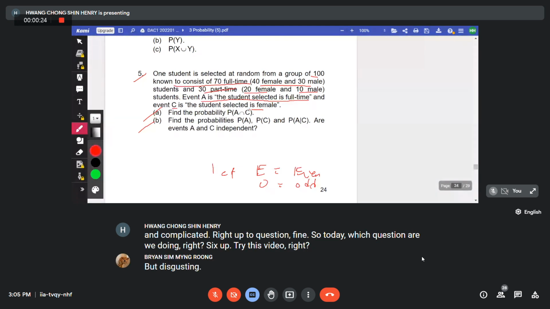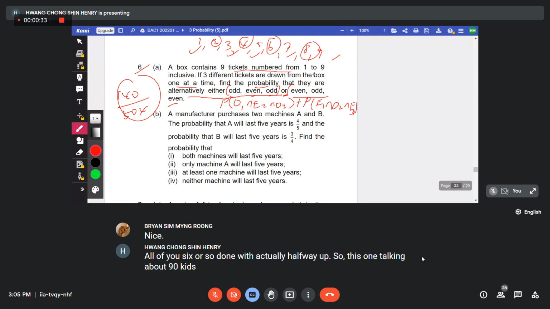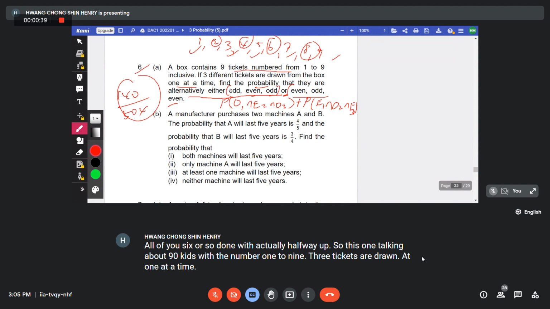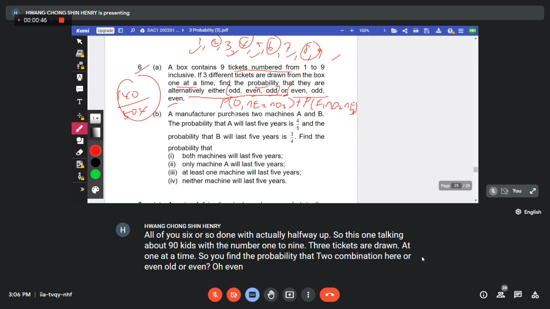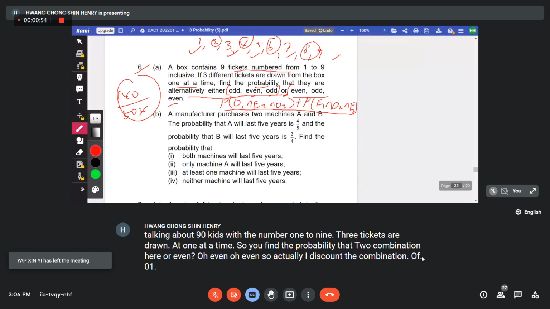Okay, let me go through 6 first with all of you. 6 also done already actually, right? Halfway up. So this one is talking about 9 tickets with the numbers 1 to 9. 3 tickets are drawn one at a time. So we find the probability of these 2 combinations: odd, even, odd, or even, odd, even. So actually I list down the combinations. O1, E2, O3.